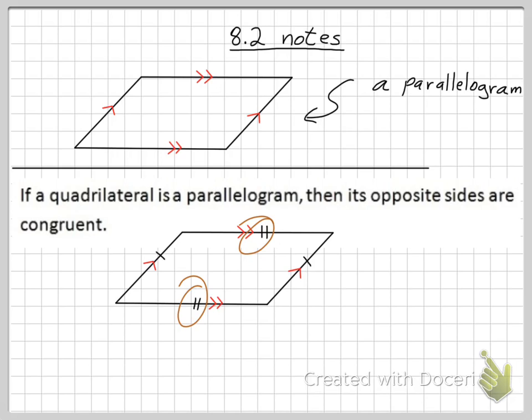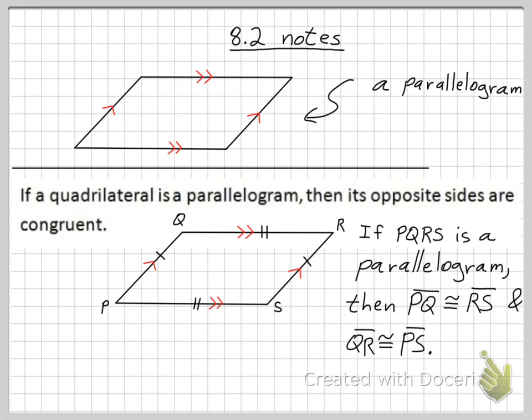This will be congruent to this, and this will be congruent to that. So not only parallel to, but also congruent. Okay, so in this case parallelogram PQRS, if it's a parallelogram, then line segment PQ is congruent with line segment RS, and line segment QR is congruent with line segment PS.